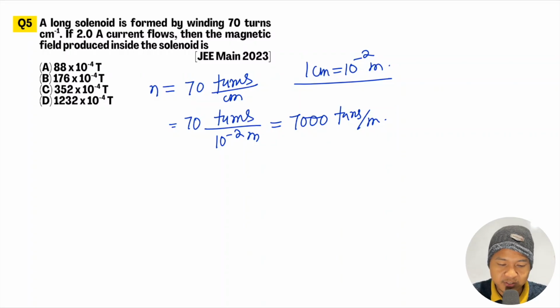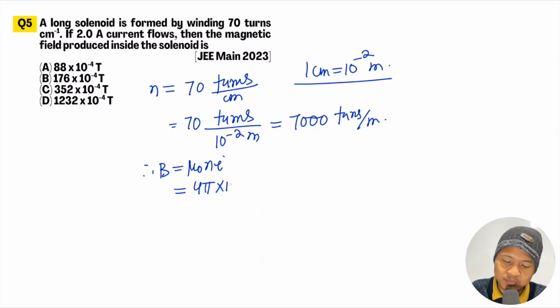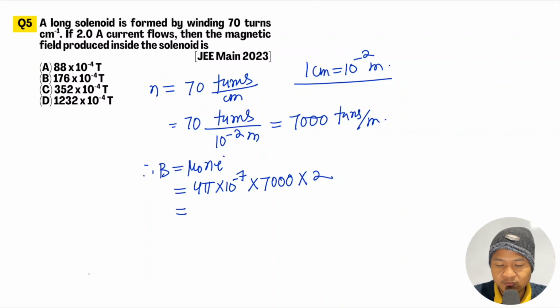Now you have to find the field produced inside. So B is mu naught into n into I, which is 4 pi into 10 power minus 7 into 7,000 into I, which is 2. So 2 eights are 16... 8 sevens are 56, 56 into 7, I can write pi as 22 by 7, so 7 cuts with 56.